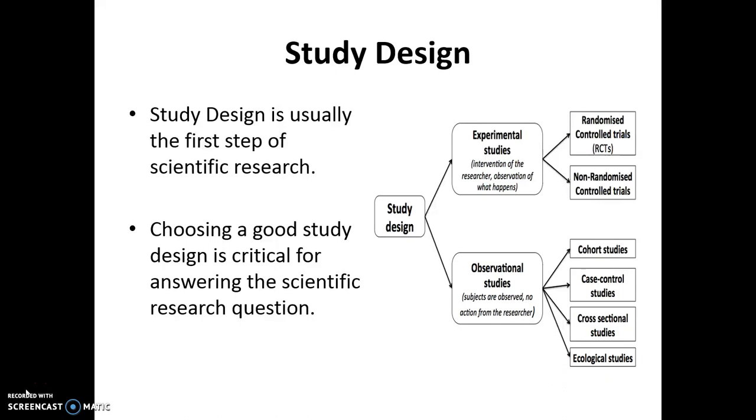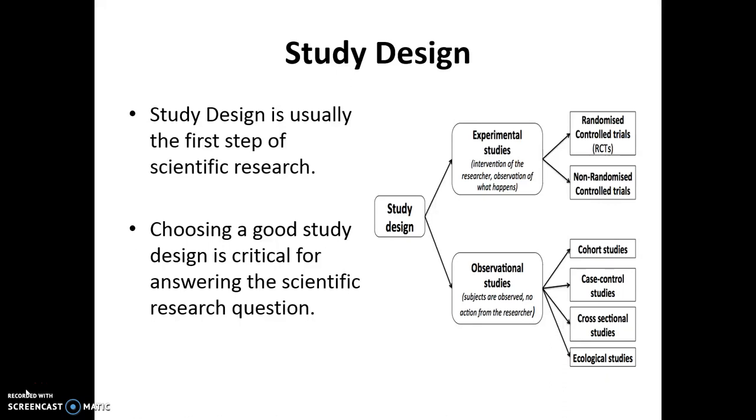And we also have experimental studies in which we have intervention and we actually carry out experiments. Very rigorous study designs, randomized control trials, RCTs, are used a lot to evaluate the effectiveness of interventions, such as a new drug or a medical device or a nursing intervention.